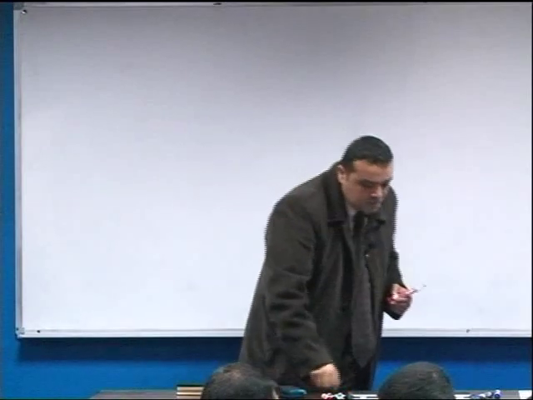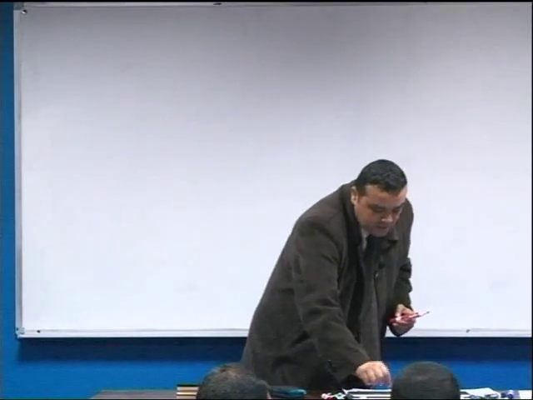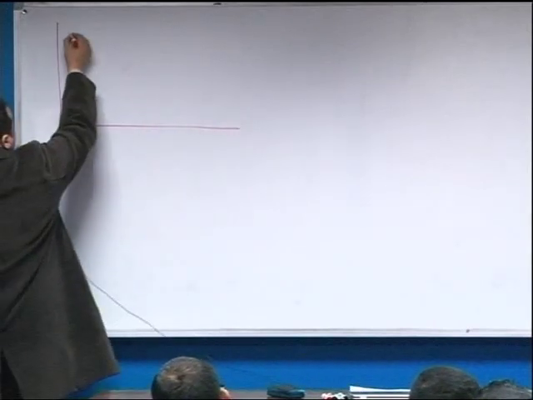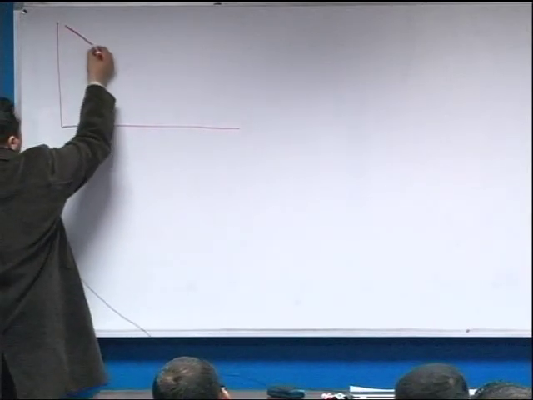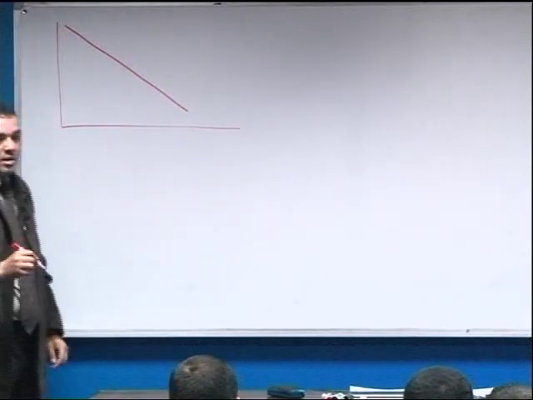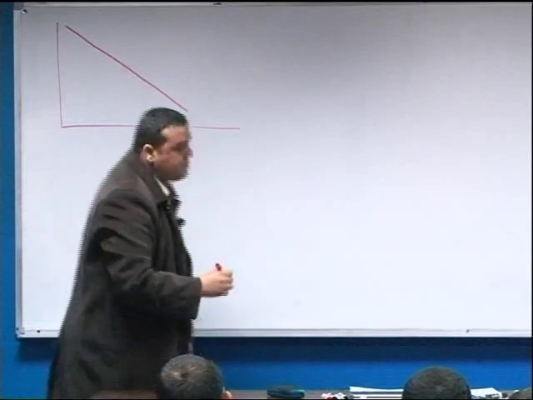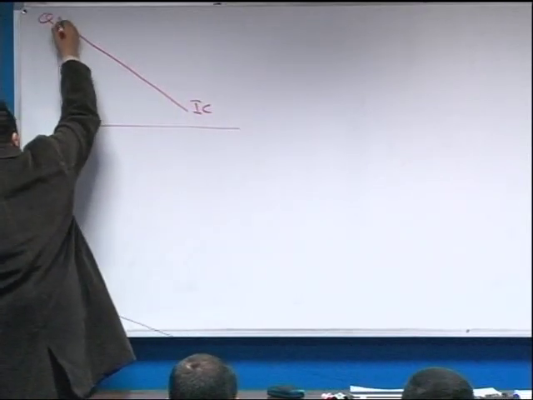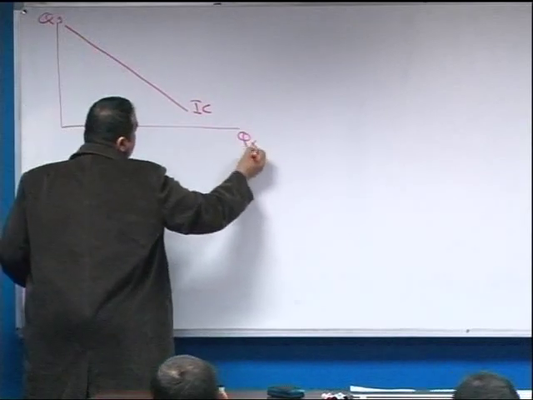We have two other forms for the indifference curve. When the indifference curve is similar to a unitary demand curve, IC, QY, QX.